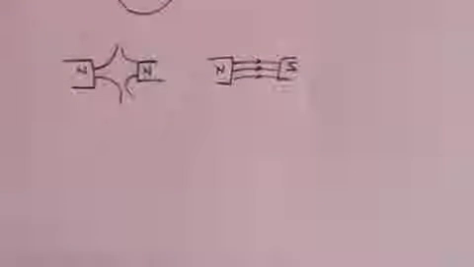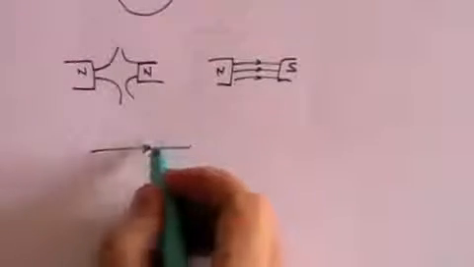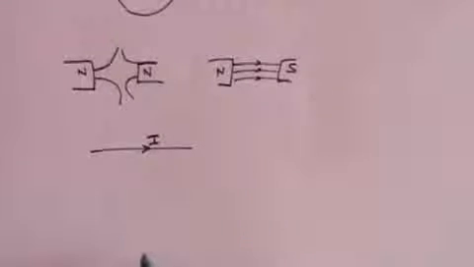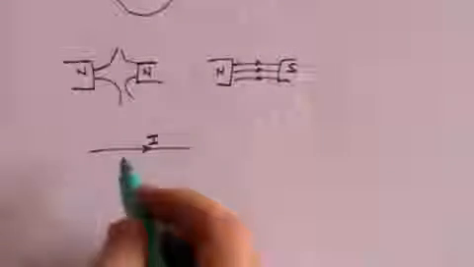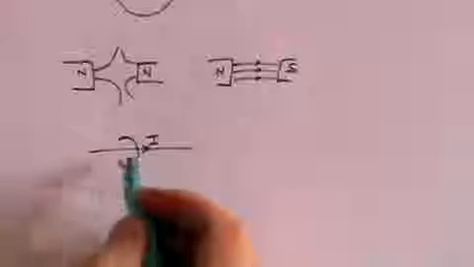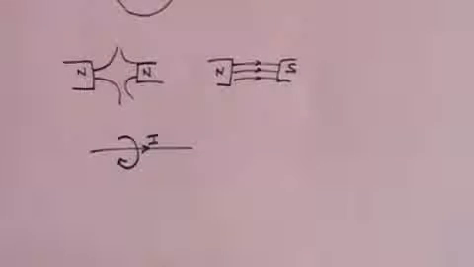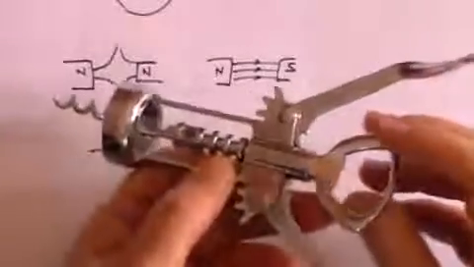Now, a current flowing in a wire, here's a current I, flowing in a wire, will create a magnetic field around that wire. And which way does that magnetic field go? Well, we have to employ what's called the corkscrew rule. Think about a corkscrew.